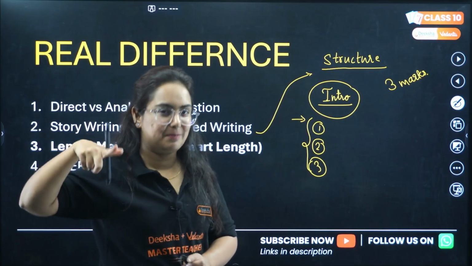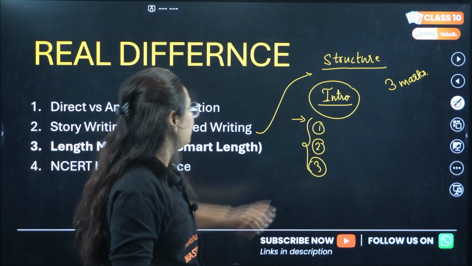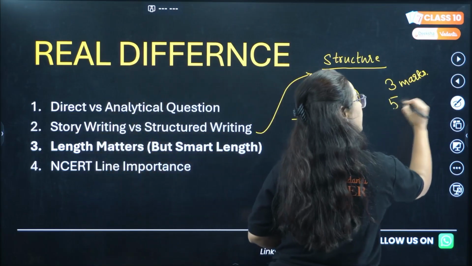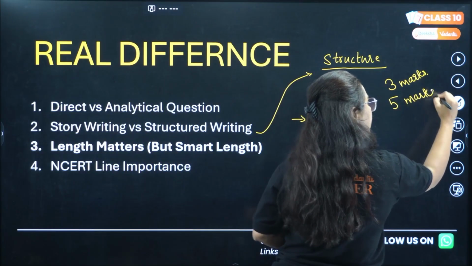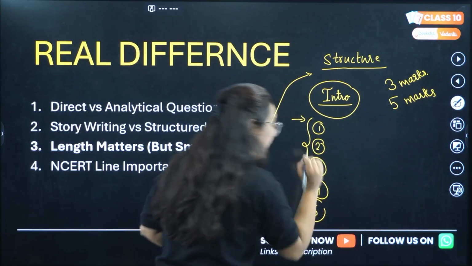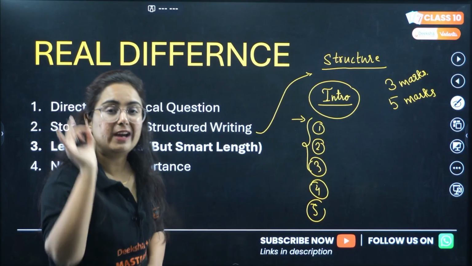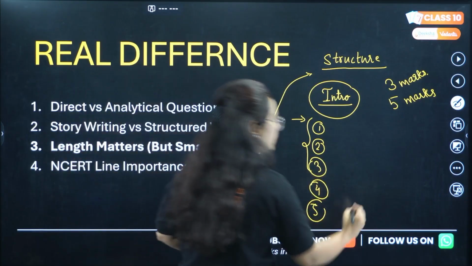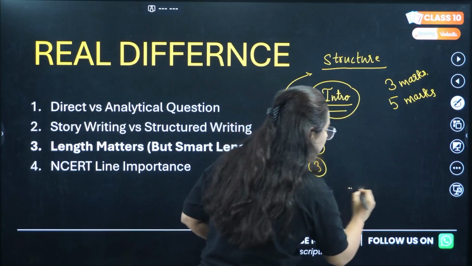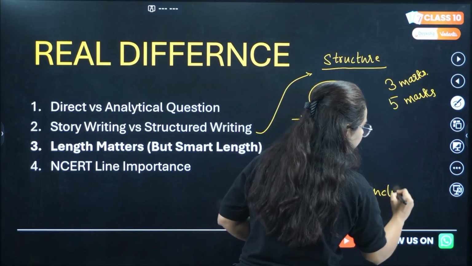Pay attention: 1, 2, 3 points with an intro. Now, if the question is for 5 marks, we will add 2 more points. And a very good structure of the answer is one which has intro plus points plus a conclusion at the end.